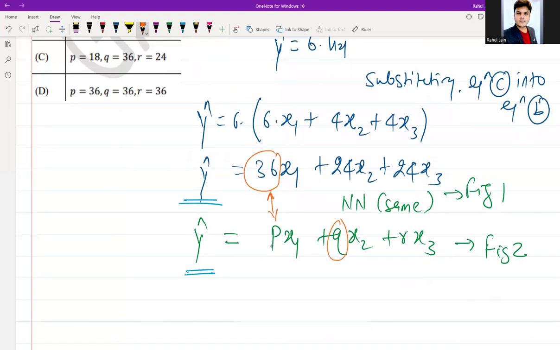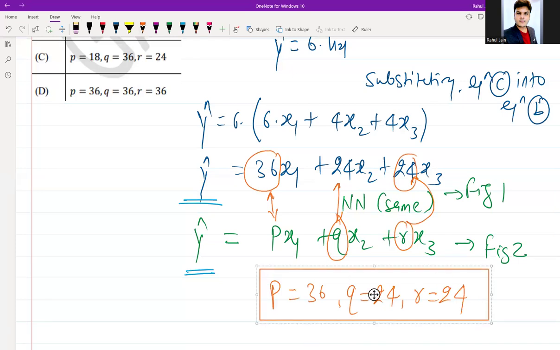Q will be mapped with the corresponding coefficient associated with x2, and R will be mapped with the corresponding coefficient associated with x3, because the equation of y hat should be same, prediction equation should be same if we are having the same neural network. Then P equal to 36, Q equal to 24, and R equal to 24. So this is our correct answer.